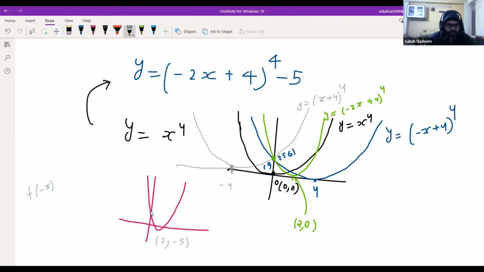And the point 0 comma 256 minus 5 will be 251. So this is the final graph.